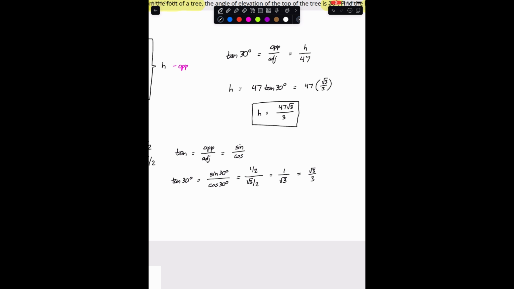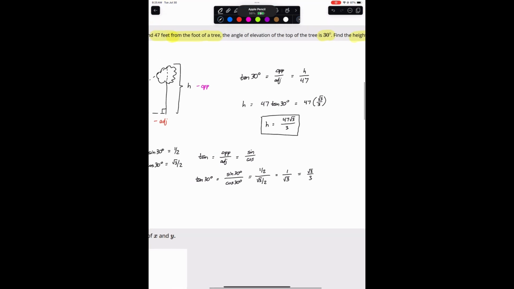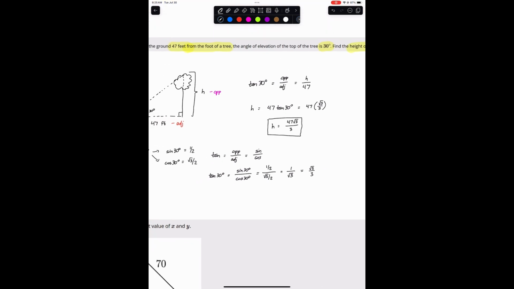It is expected that if you have an angle that's directly on the unit circle, so 30 degrees, 45, 60 degrees, pi over 6, pi over 4, pi over 3, or any angle with the same reference angle, you have to convert to the actual number.